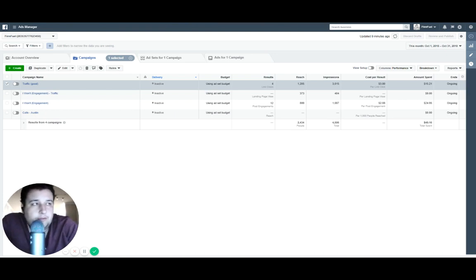The other kind is a hard change, things like changing the ad creative, changing the placements, changing the ad budget by a significant percentage, or changing the campaign objective. There are a lot of hard changes, and those hard changes reset the optimization.